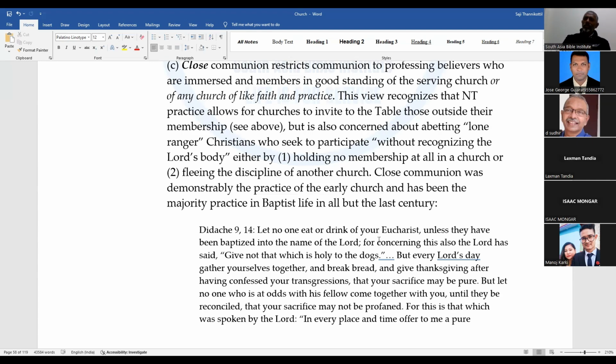Now the question is, Paul said when we were gathered together to break the bread. So here is a church that was gathered together to break the bread. So evidently we assume that Paul partook in the communion there, the Lord's table, or Lord's Supper.